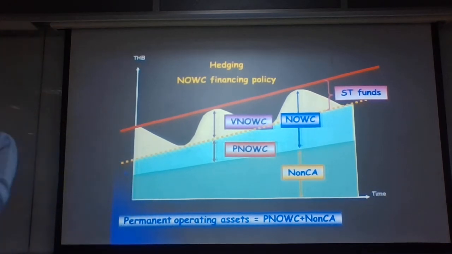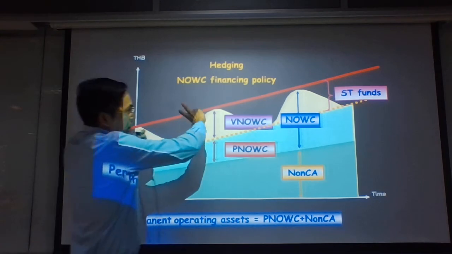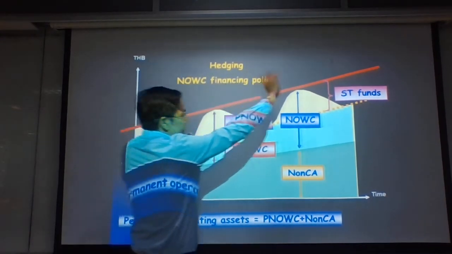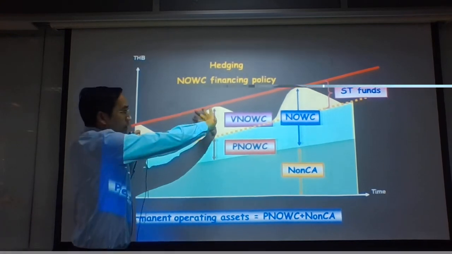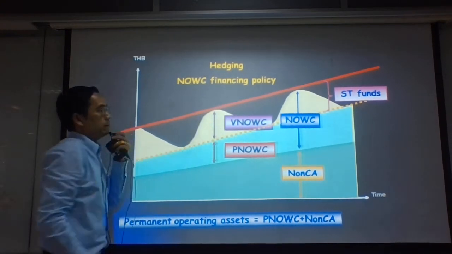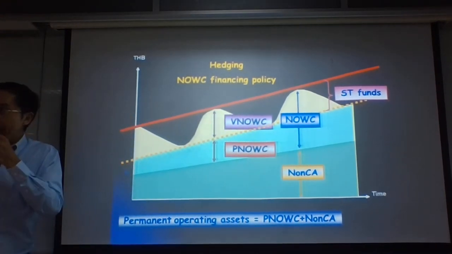So now I am repeating the principle that has just been mentioned a few seconds ago. That is, the firm uses short-term funds to finance its short-term assets. And of course, this part is short-term. Okay, that's rule number 1.